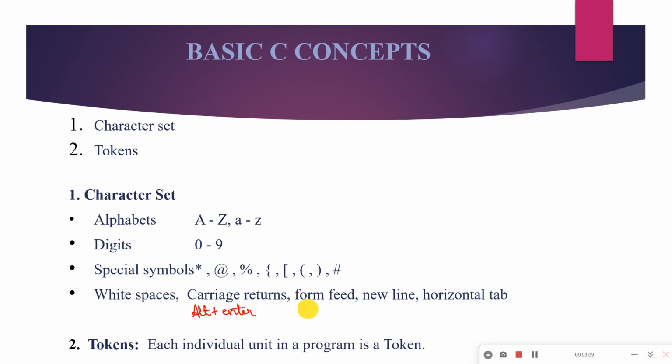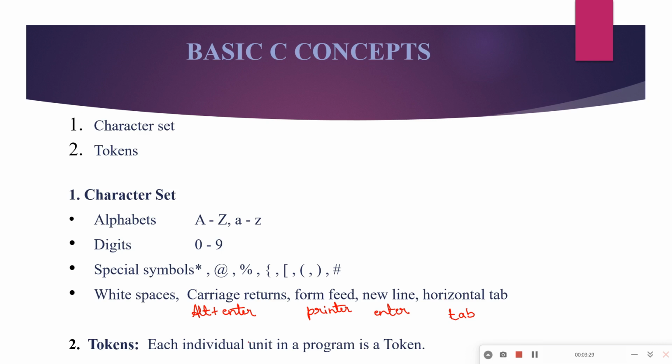Then new line, we press enter to get a new line. Then horizontal tab we use, and vertical tab can also be considered a white space. So this is what the character set includes.